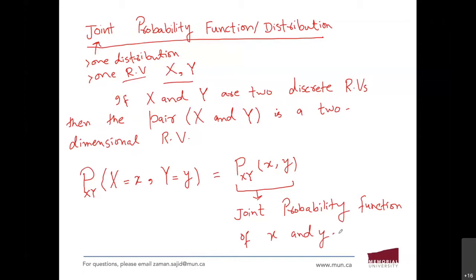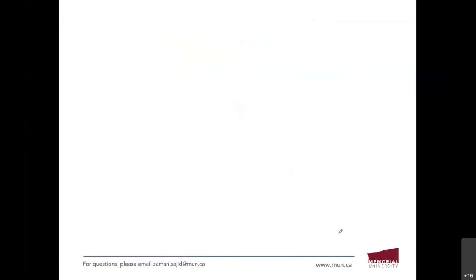We have two conditions that need to be met in order to define any distribution as a joint distribution.